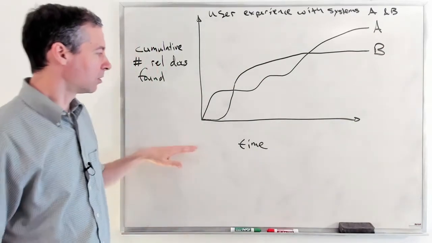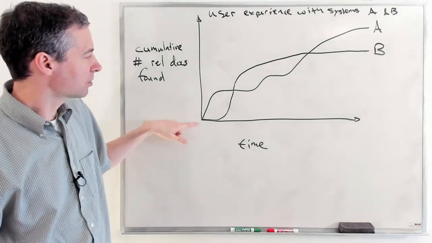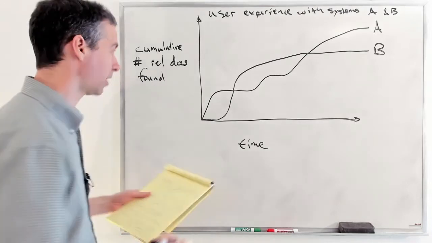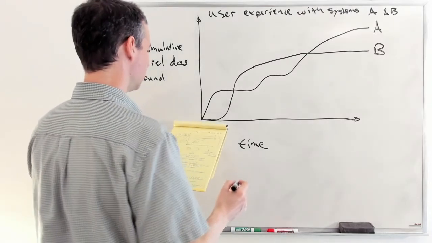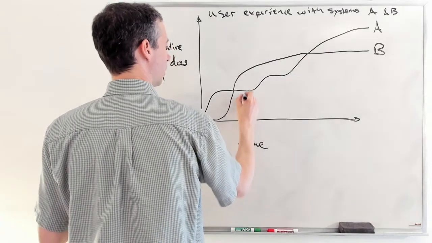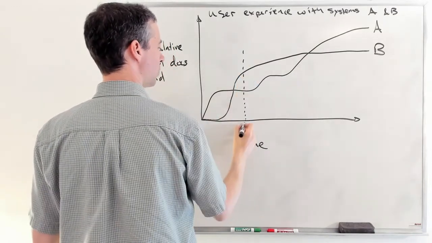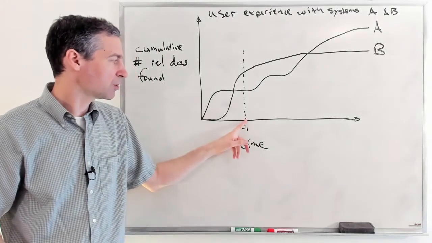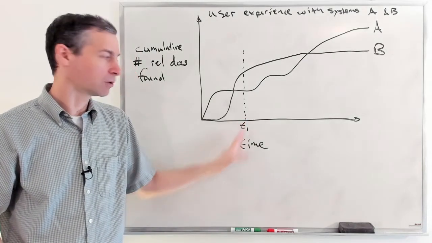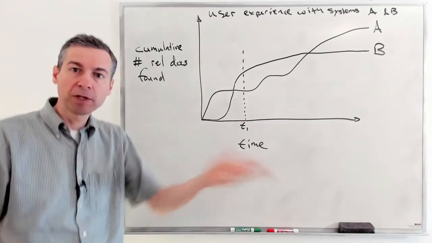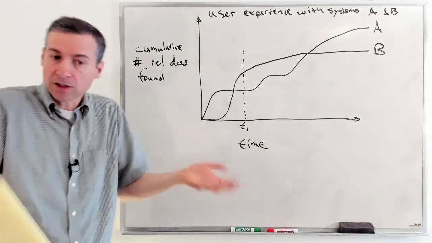So over time, as the person is using these search engines, one of the things that's interesting to think about is, well, maybe the person only had T1 amount of time to search. So at this point in time, if the person only had this amount of time, it's like, oh, I've got to find something in the next 3 minutes. Who knows what it is, okay? That's all the time I have.